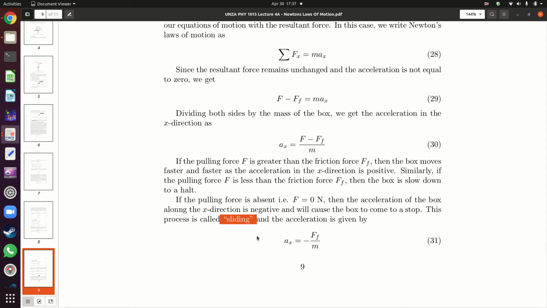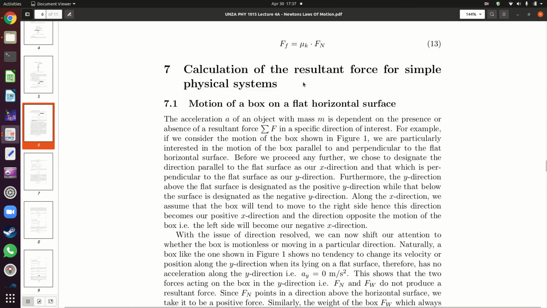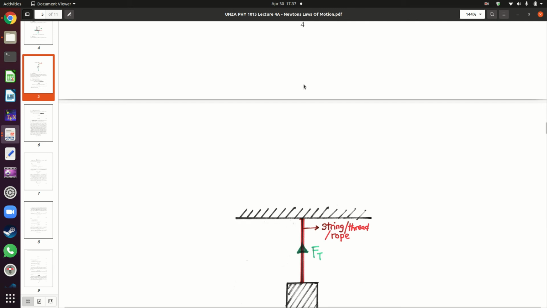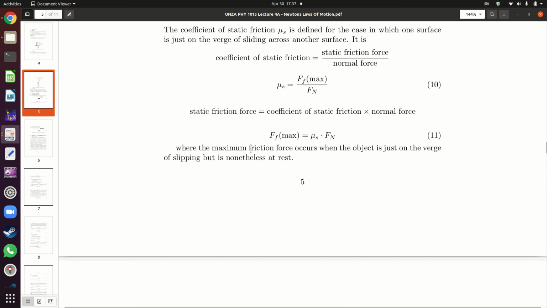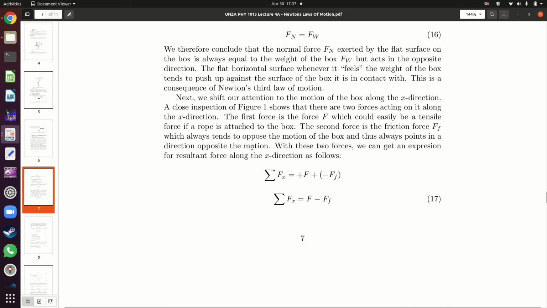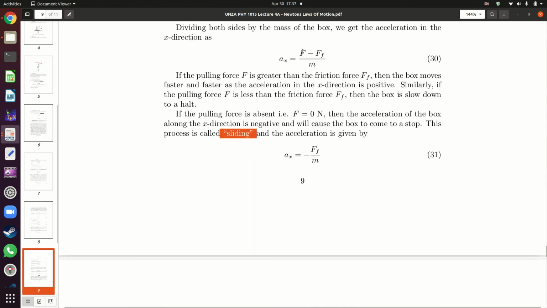When a box is sliding on a flat surface, the only force which is going to be present along the x direction is the friction force. So if F is equal to 0, what you end up having is minus the friction force divided by m.